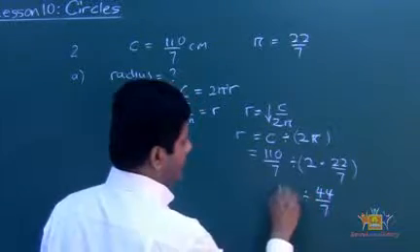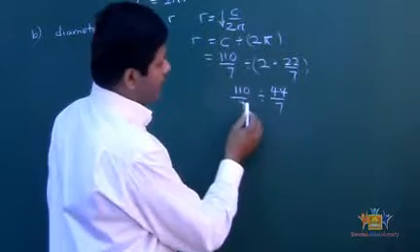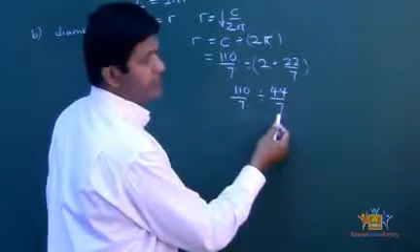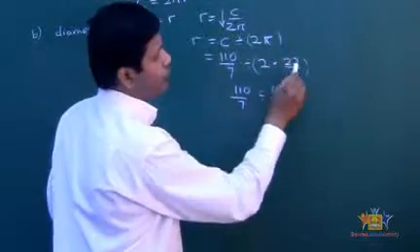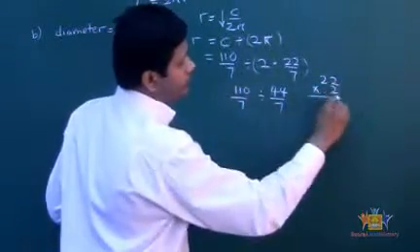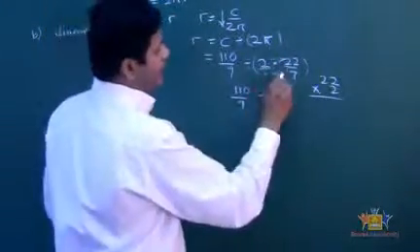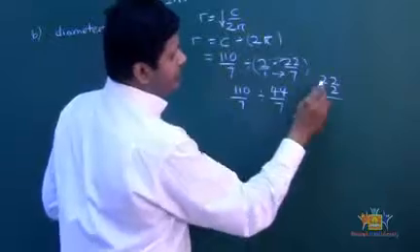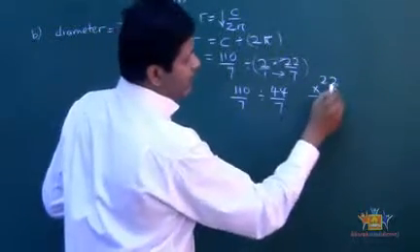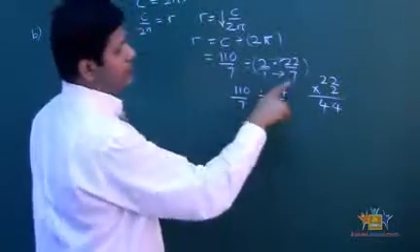So we got 110 over 7 divided by 44 over 7, because 2 times 22 is 44. We know this is over 1 and we use the double arrow method. 22 times 2, you line it up: 2 times 2 is 4, 2 times 2 is 4. See that? 44 over 7.